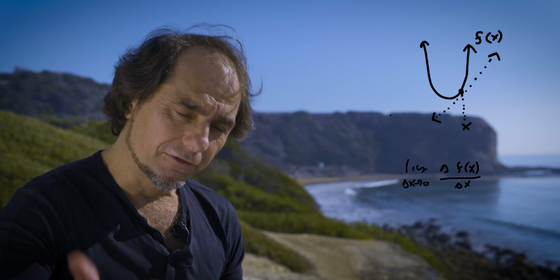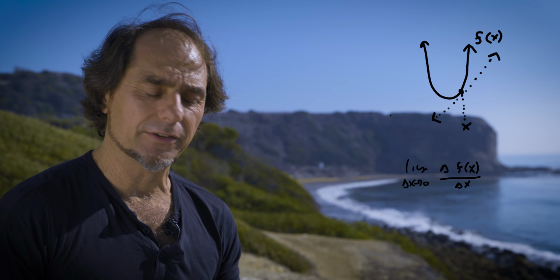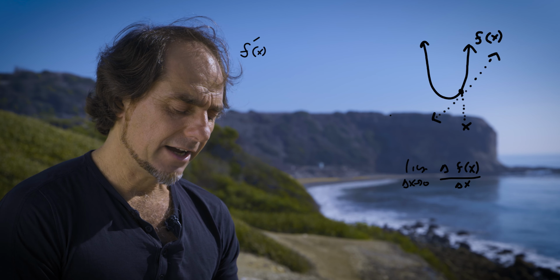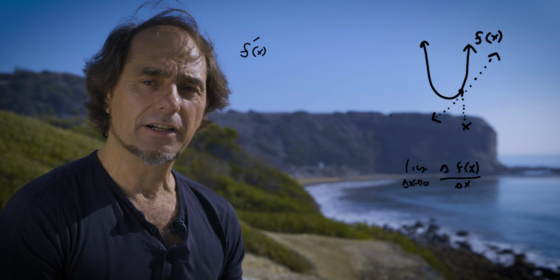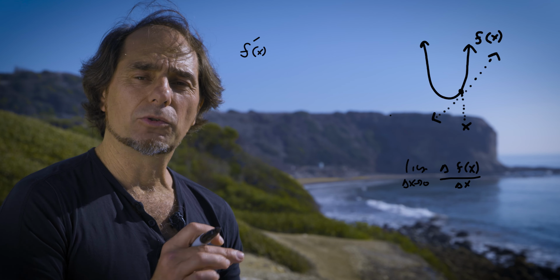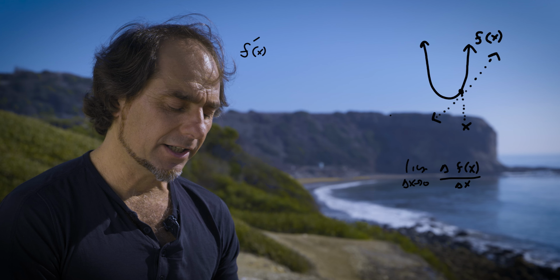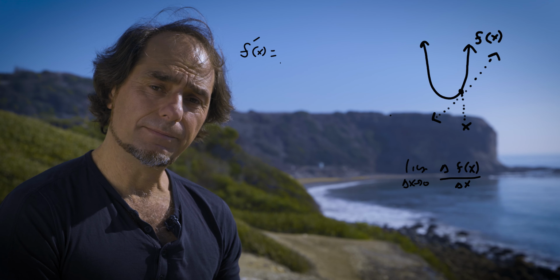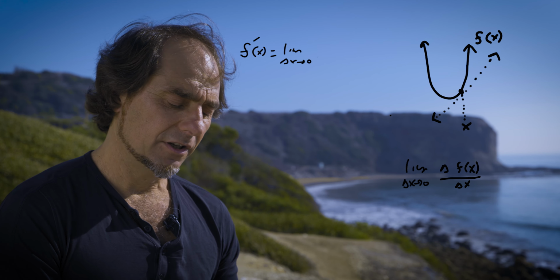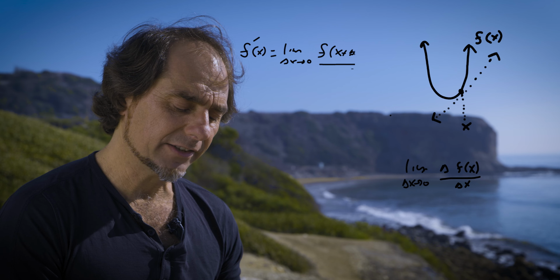Now let's formally write the full definition of the derivative in its mathematical sense. We're going to call f prime, which stands for the derivative of f of x, or the rate of change of f of x with respect to the variable x, equal to the limit as delta x approaches 0 of f of x plus delta x.